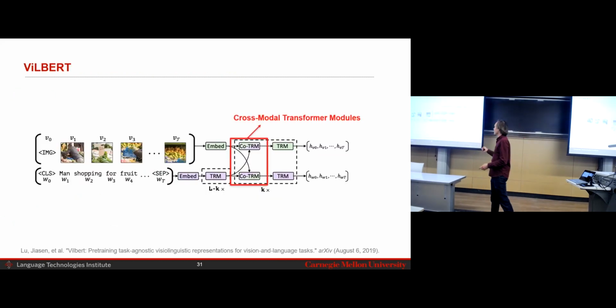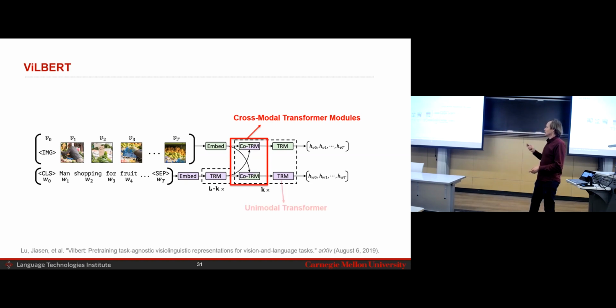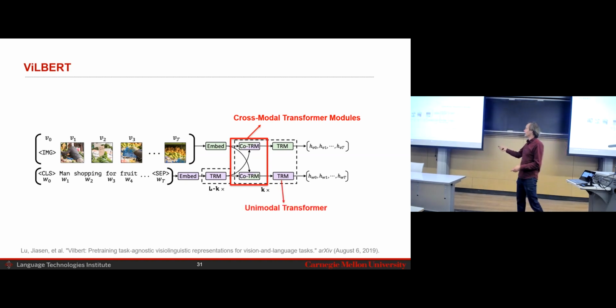So the main novelty with BERT was the cross-modal transformer. Otherwise, it's just a simple contextualization of the words, embedded probably with the CNN originally, and then we add another transformer just for fun at the end. But this really is the core, the alignment.